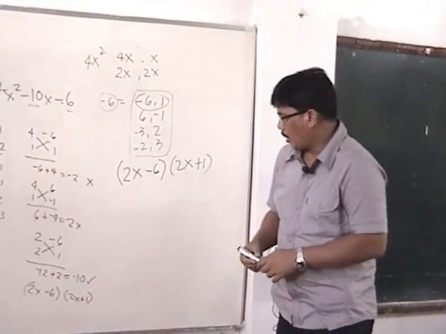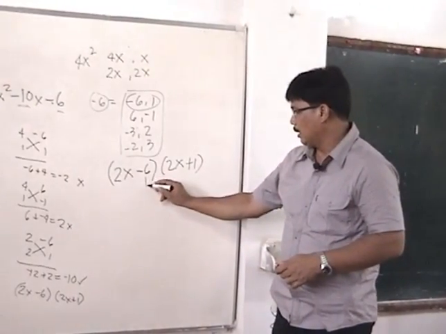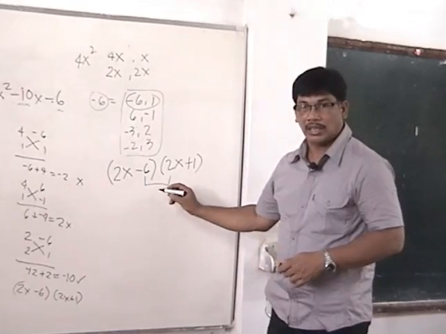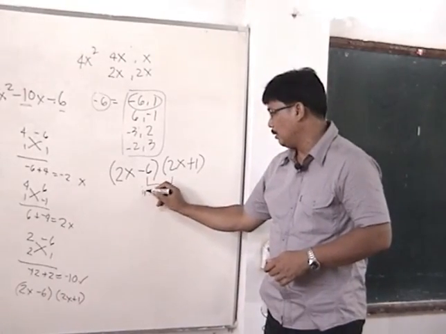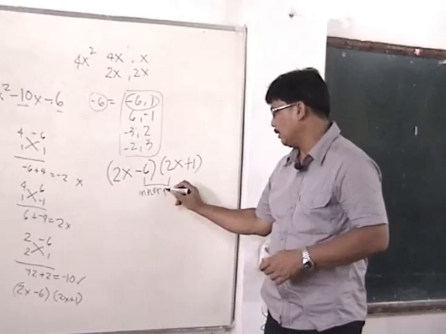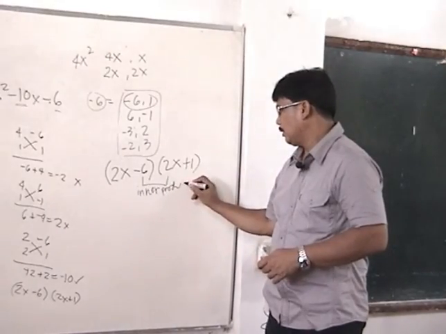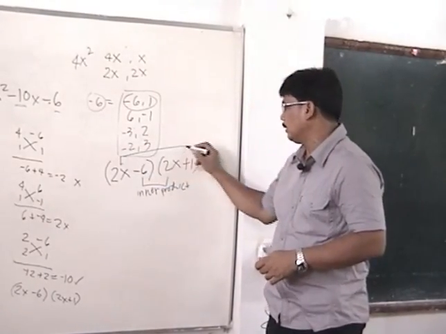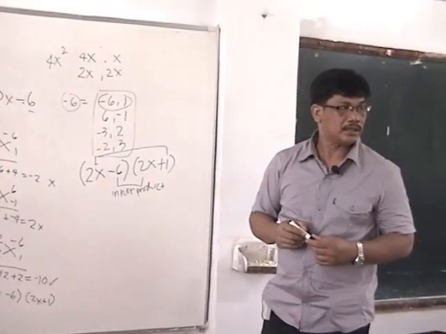Why? Because if you multiply the inner product and the outer product, that's 2x times 1.